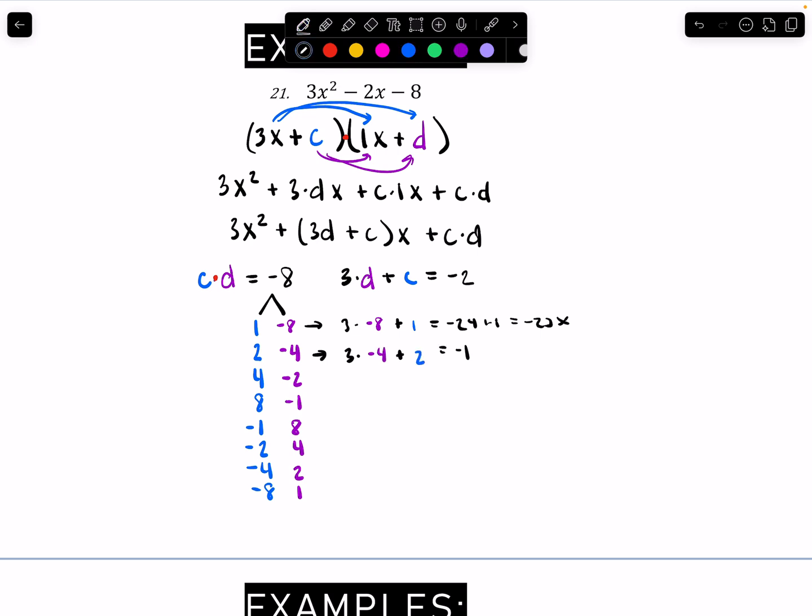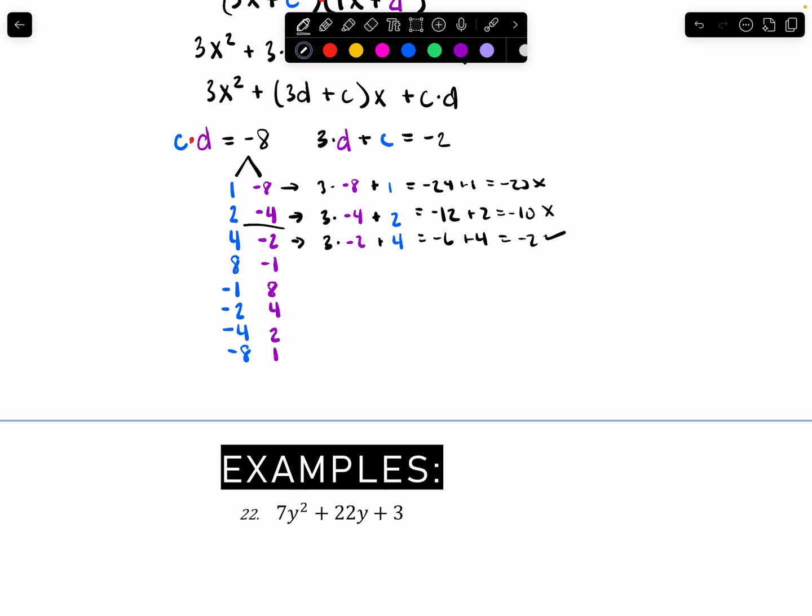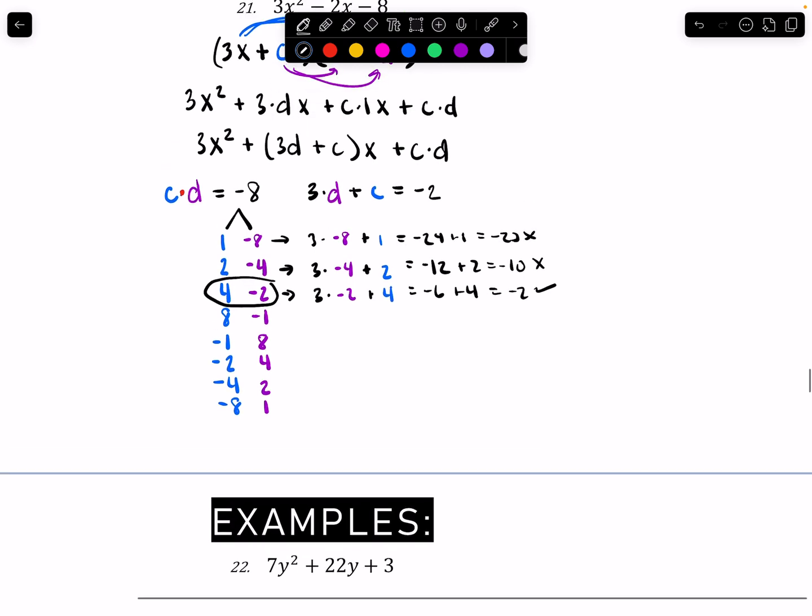That gives me a -12 plus 2. That gives me a -10. That still doesn't work. We want a -2. Will this combination work? Let's see. So we have 3 times -2 plus 4. That's a -6 plus 4. Oh, hey, that is -2. So our values must be 4 and -2.